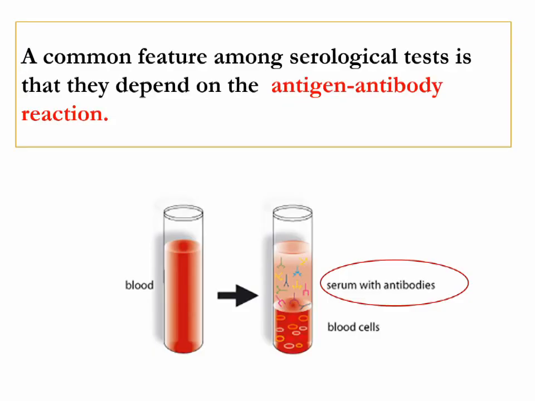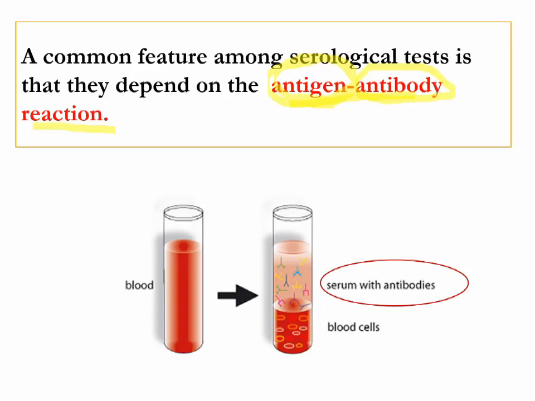So the main feature or the main principle of the serological tests is that it depends on the antigen-antibody interaction. To remind you, what is the meaning of antigen? The antigen is any foreign body entering your own body, and your immune system will start to respond or act against this antigen by the formation of a specific antibody acting against this antigen.